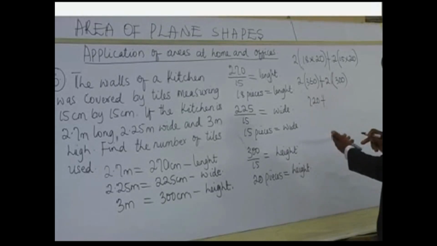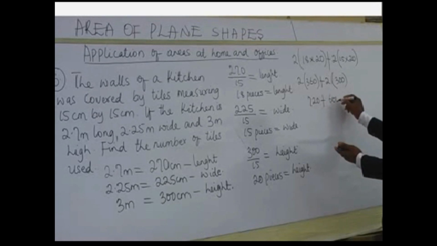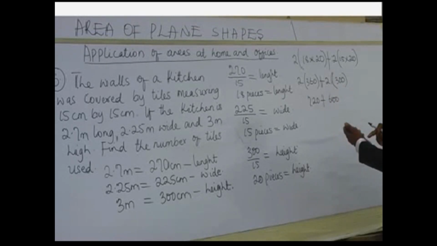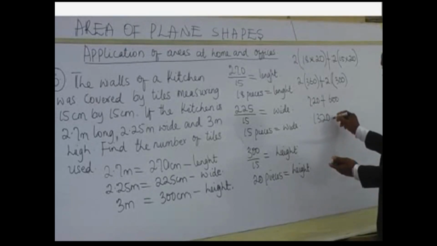Then plus 300 times 2 is 600. Then add 720 and 600. It's giving us 1,320 pieces of tiles.